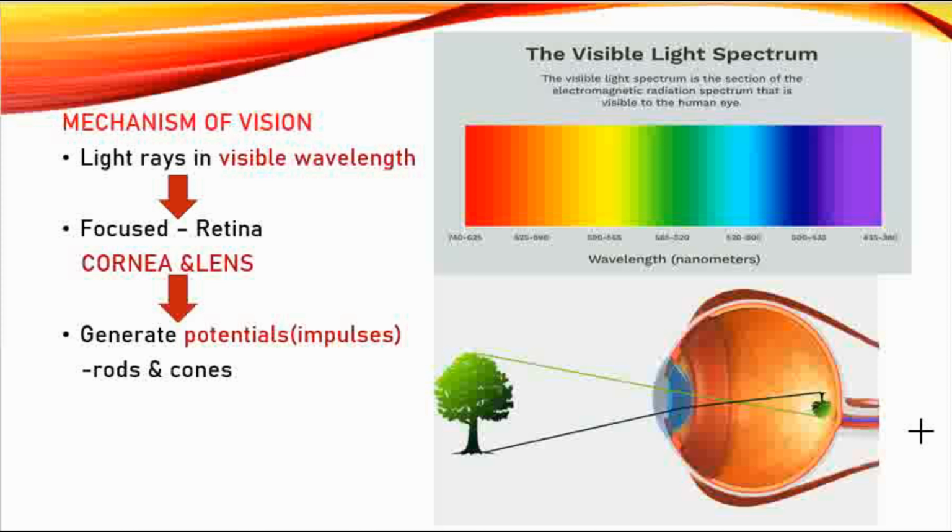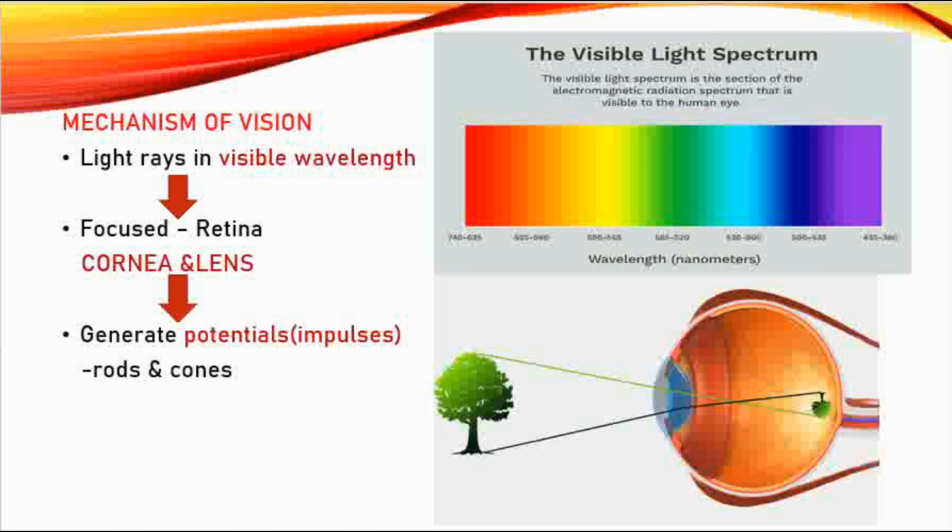So the focused light rays generate potentials, or you can call it an impulse, in the rods and cones. We also saw about the rods and cones, you can refer to my previous video. In this video we will only look at the structure.